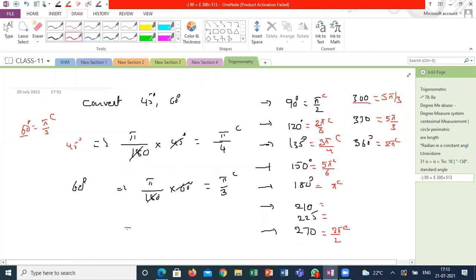Just put the value and write pi by 180 into 300, this is 5 pi by 3. Pi by 180 into 330 is 11 pi by 6. Correct. 11 pi by 6, which is 11 times 30 degrees.